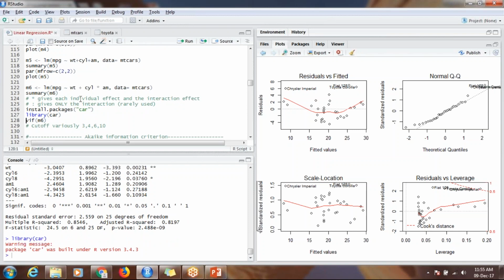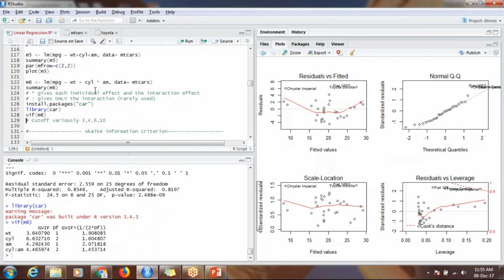In model number 6, I have taken weight as cylinders multiplied by AM. Let us see if there is any multicollinearity here as well or not. The cutoff varies from a certain limit. At some stages, anything below 6 is preferred, and anything more than that shouldn't be considered at all.